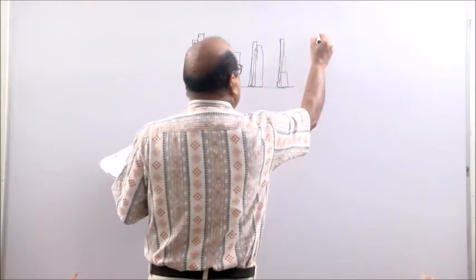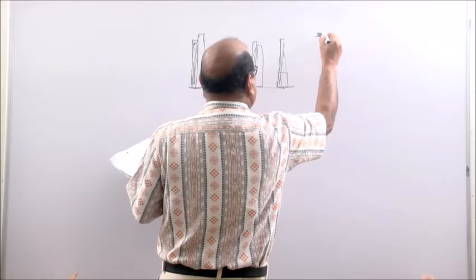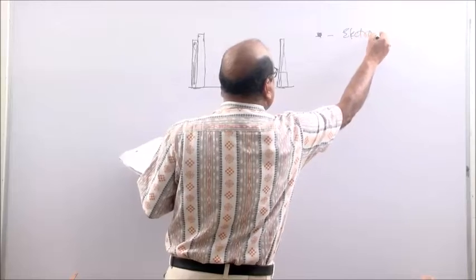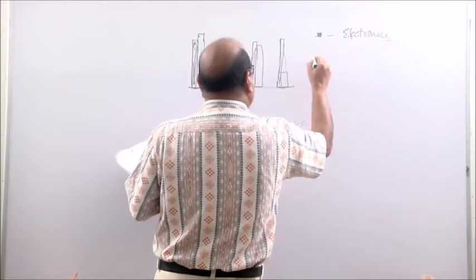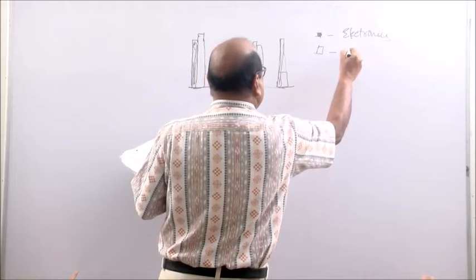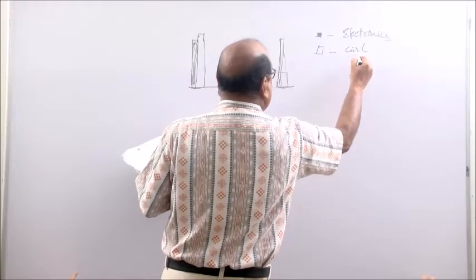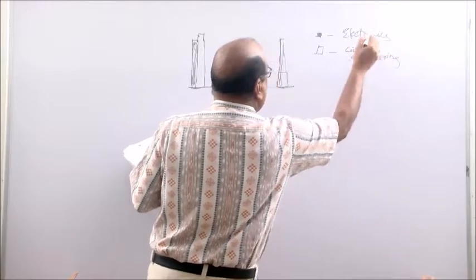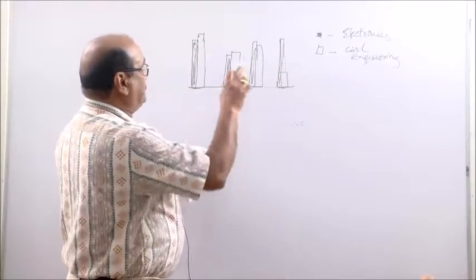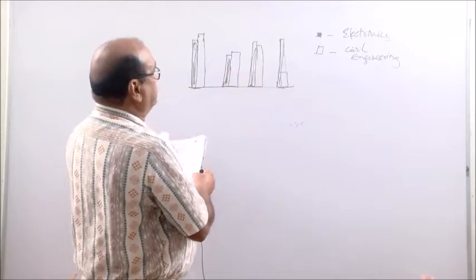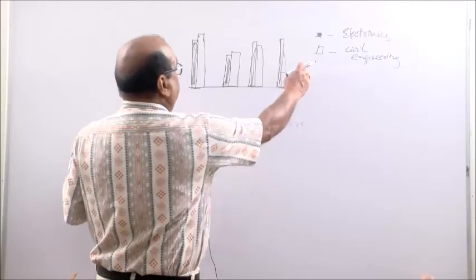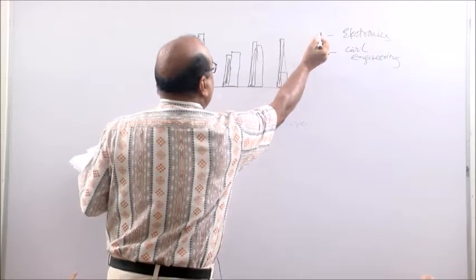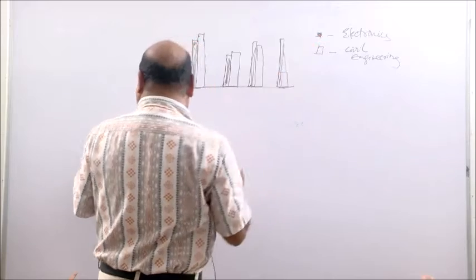You see, black is the electronics subject, and white is civil engineering. There are two subjects, two courses, in that college: one is electronics, another is civil engineering. Civil engineering is represented by blank space, and electronics by black space.